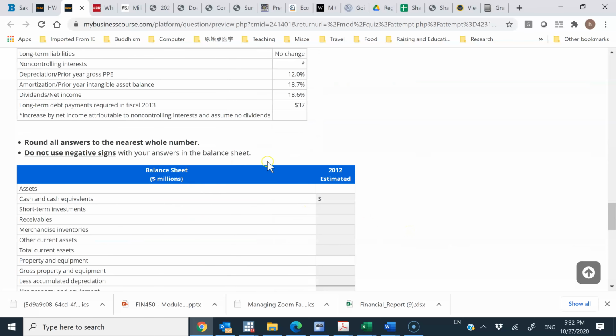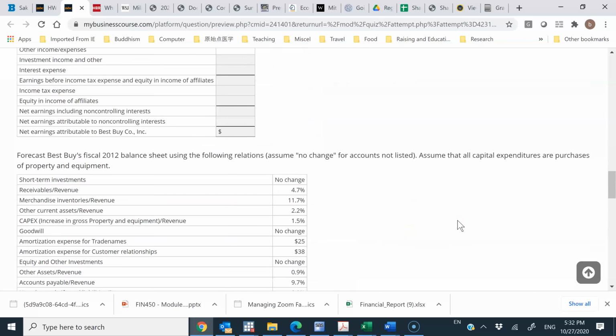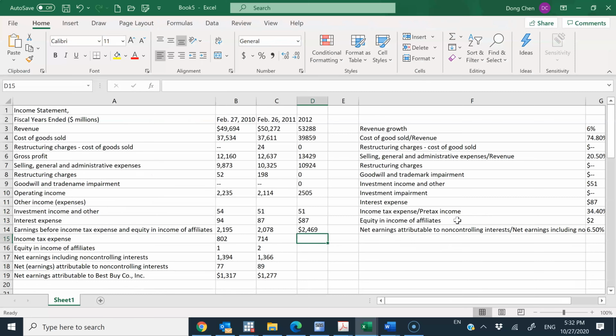That's also true for the balance sheet. So whether it's expense or income here, we should always put a positive number. That means we should remember whether it's expense or income, hence we should use the right sign when we want to calculate some of the items, such as the earnings before income tax expense here.